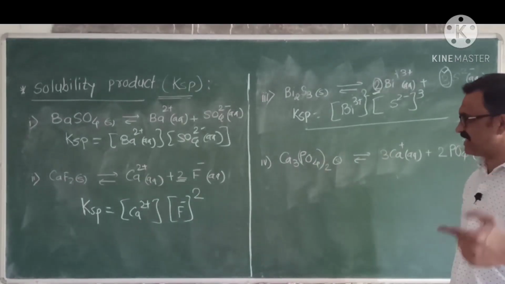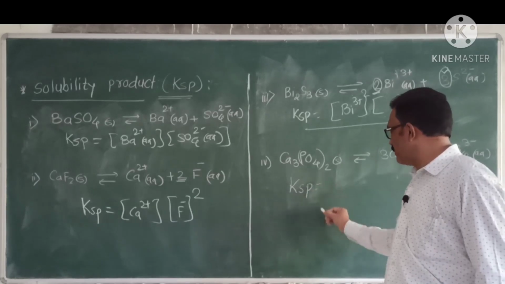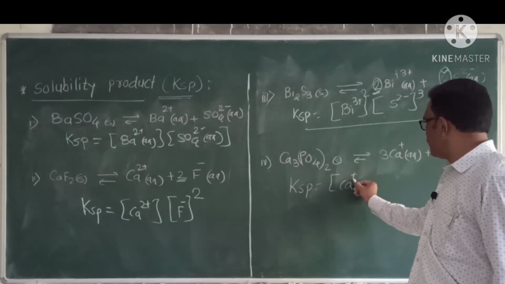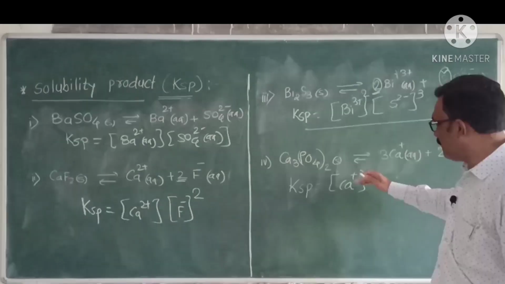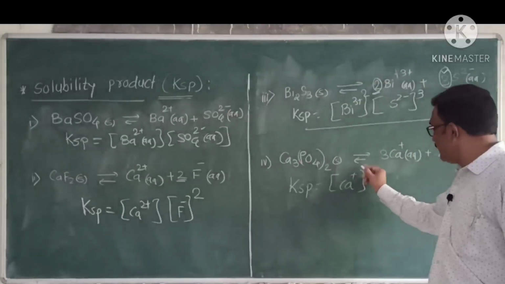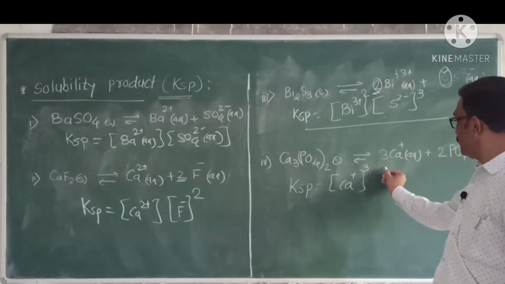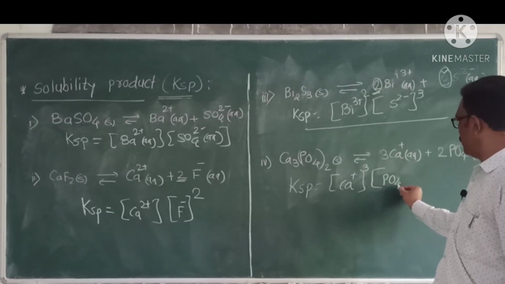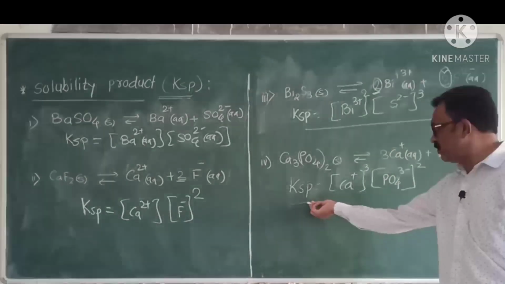Okay. Then the last example, Ksp is equal to the concentration of Ca2 plus raised to the power 3, as 3 is the coefficient of the Ca2 plus ion in the given equation, into the concentration of phosphate PO4 3 minus, where the coefficient is equal to 2.